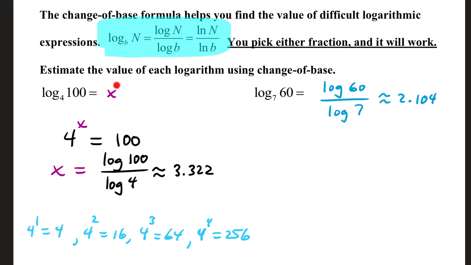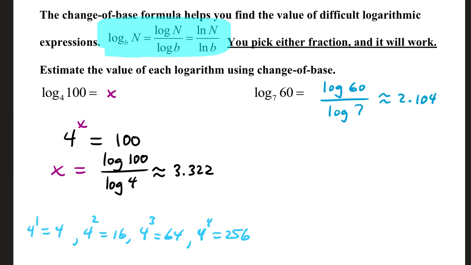And remember, with a logarithm, the idea is to find an exponent. It's the exponent that takes your base to the numerical value. 64 is short of 100. 256 is more than 100. And it makes sense that our answer is going to be between 3 and 4.